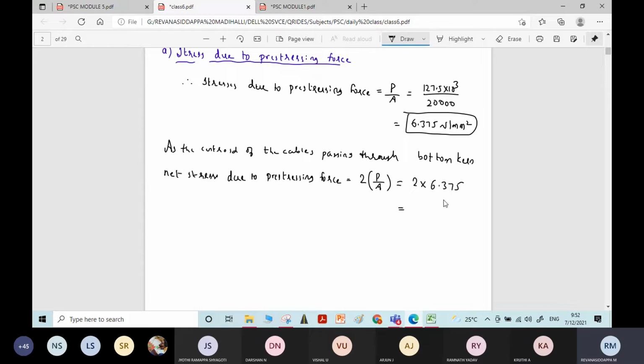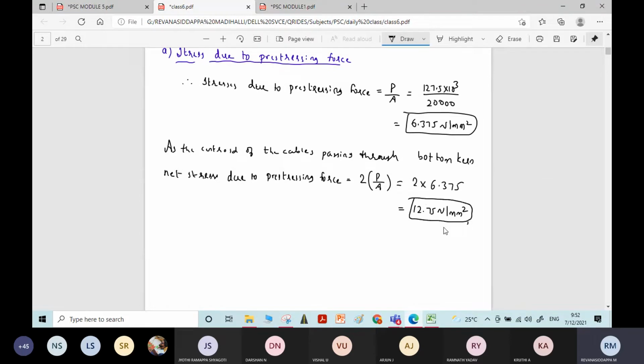How much will you get? 12.75. Yes, 12.75 Newton per mm square, 2 times the direct stress.